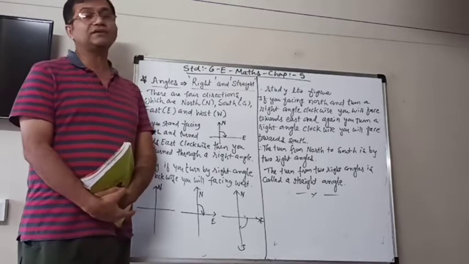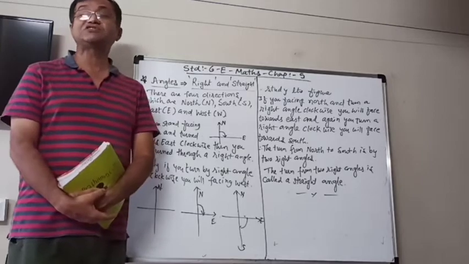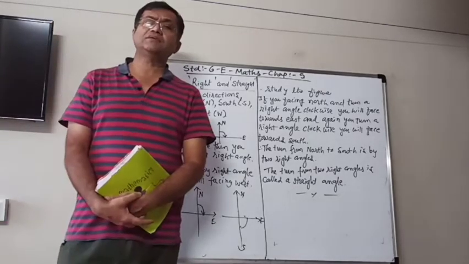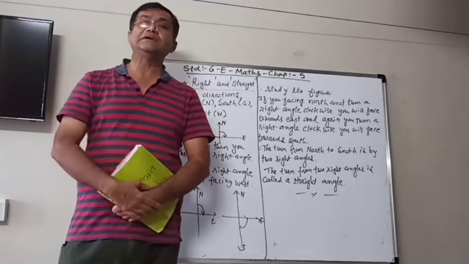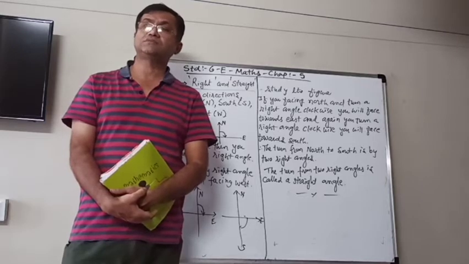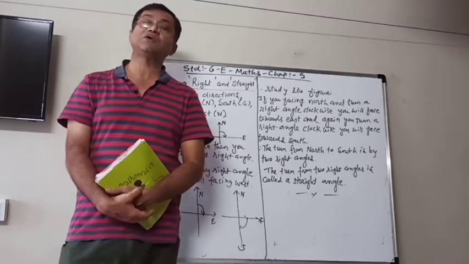Now we have to get an idea of right angles and straight angle. We know that there are four main directions: north, south, east and west.